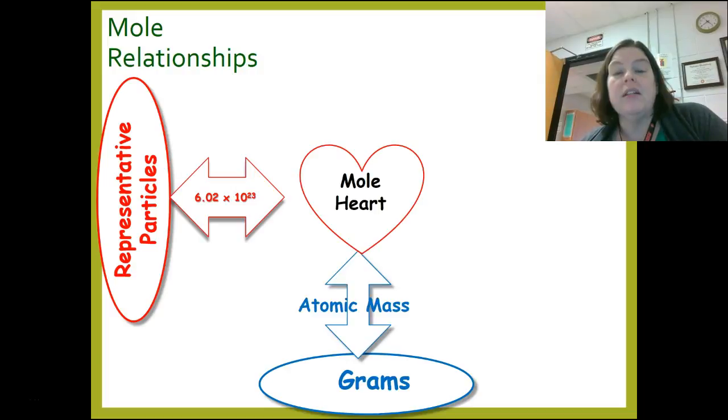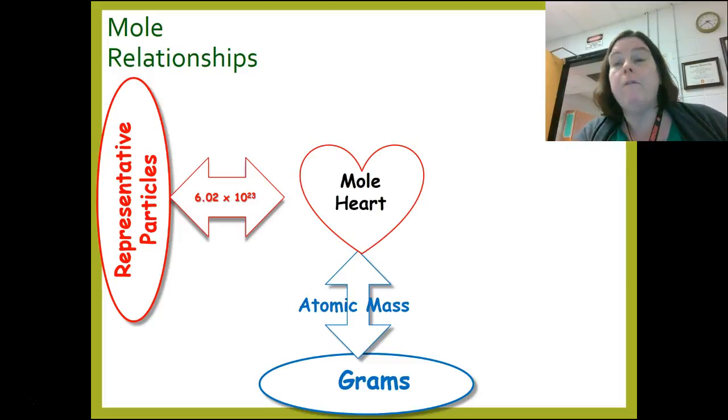So we know that the atomic mass is going to be used. So we're going to go to the periodic table. We're going to work through this atomic mass. We're going to count atoms. Then we're going to multiply that number of atoms by the mass from the periodic table. We're going to add all that up, and we're going to use it in units of grams instead of atomic mass units.